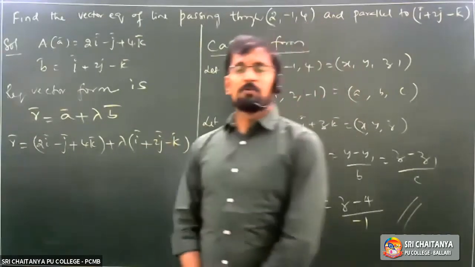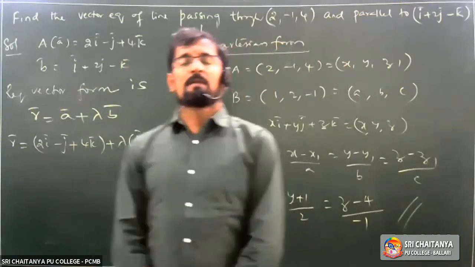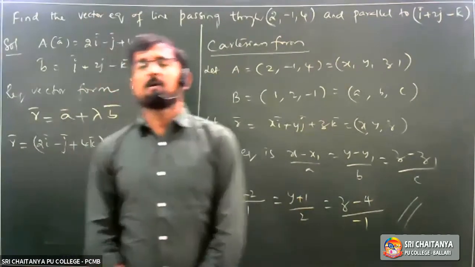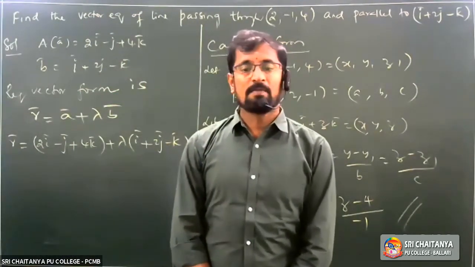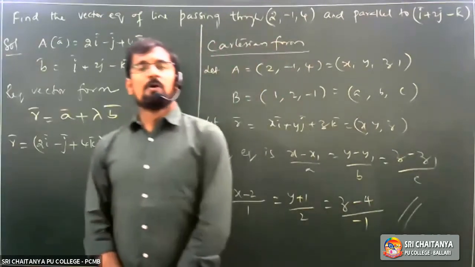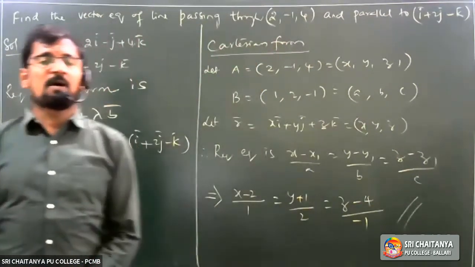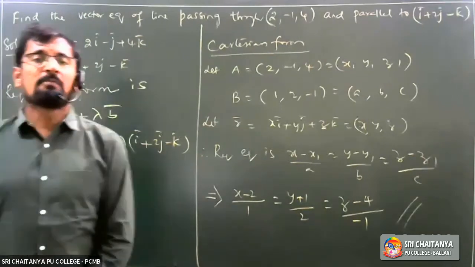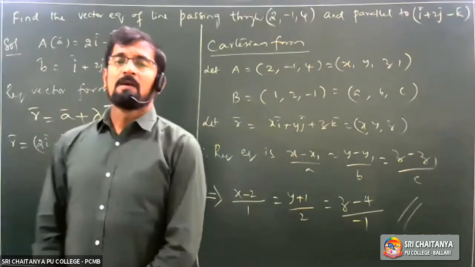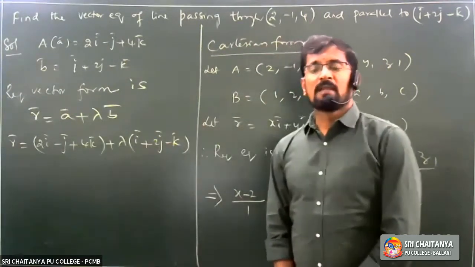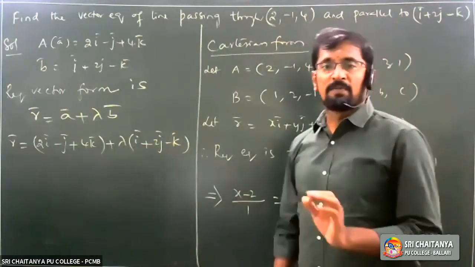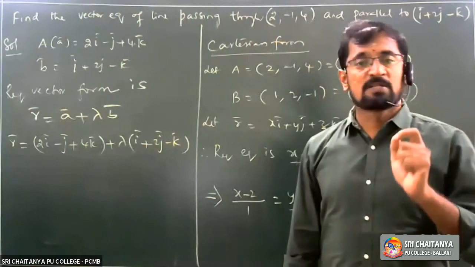Now you should substitute in vector form, which is called R bar is equal to A bar plus lambda B bar. If you substitute that, R bar is equal to 2i minus j plus 4k plus lambda into i plus 2j minus k. Up to here, the vector form has been completed.